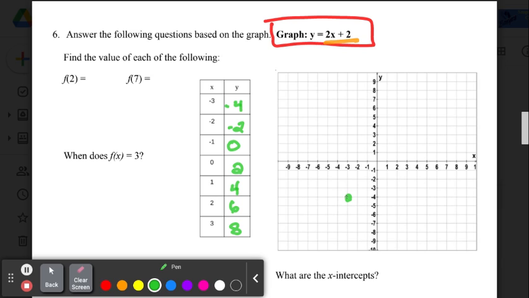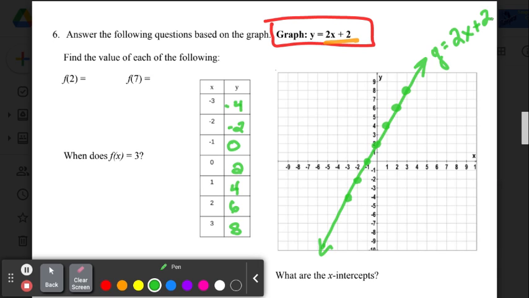Remember, x is left and right, y is up and down. And I'm going to connect this with my straight line. Put arrows, and remember to label with our equation. Y equals 2x plus 2.